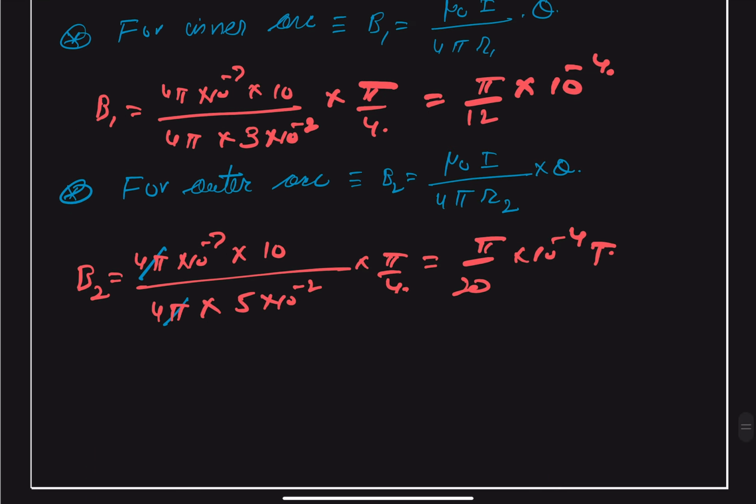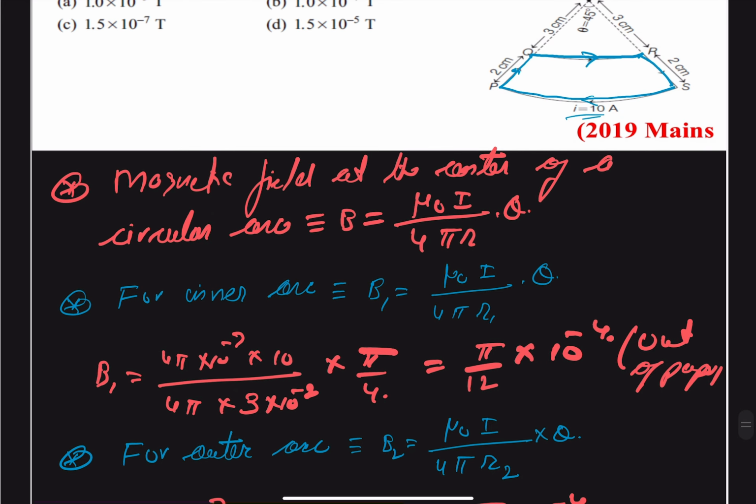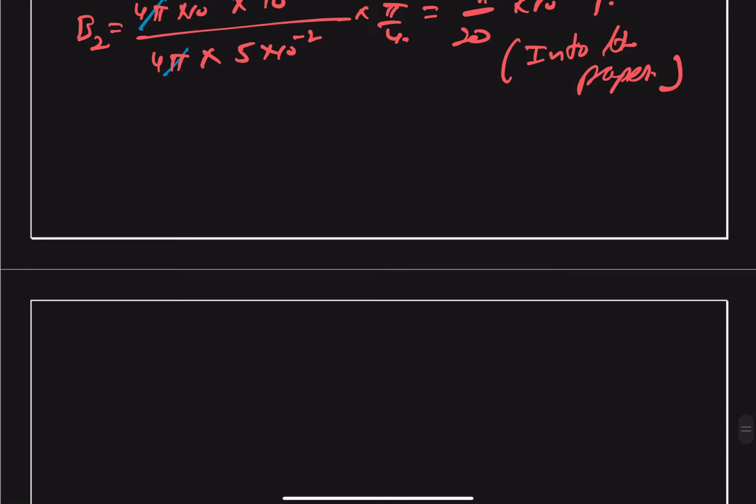So B1, that is the magnetic field because of the inner arc, will be out of paper, and B2, the outer one, will be into the paper. So net magnetic field will be subtraction of the both. So net magnetic field, that's B will be equal to B1 minus B2.